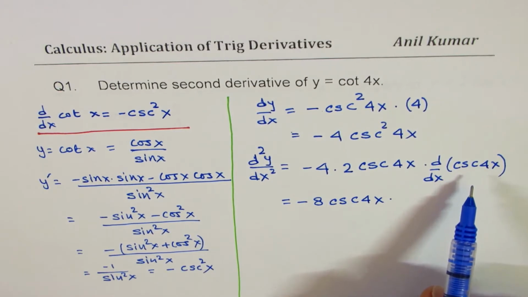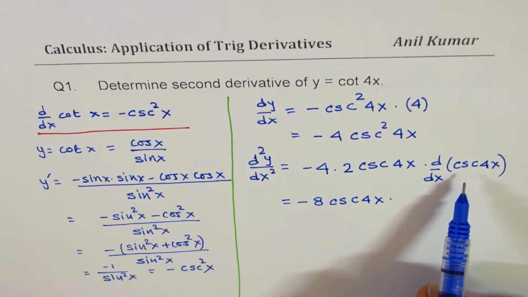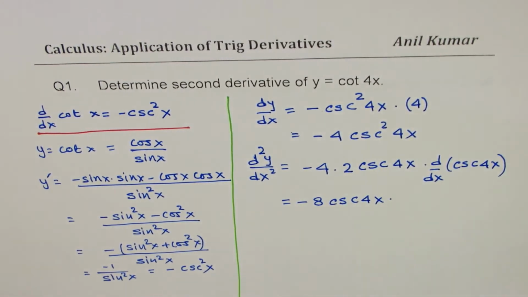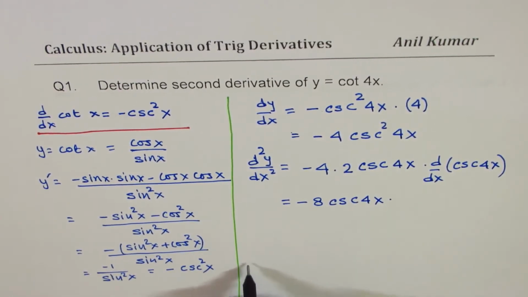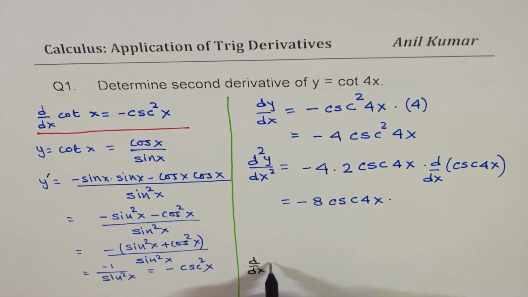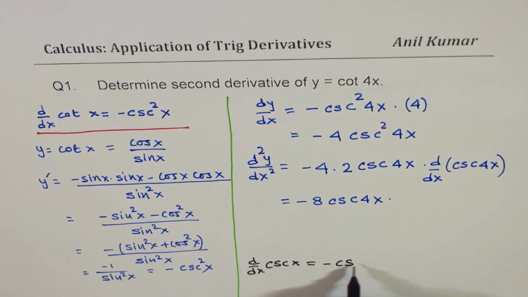So if you don't remember, you may have to derive this also, correct? So now I will just write down the derivative of cosecant x. What we also know is d dx of cosecant x is minus cosecant x times cot x.